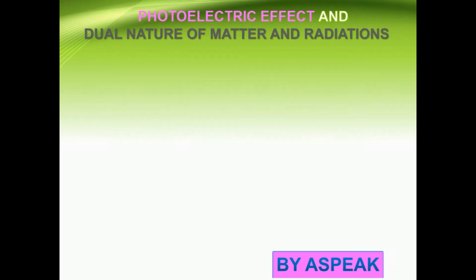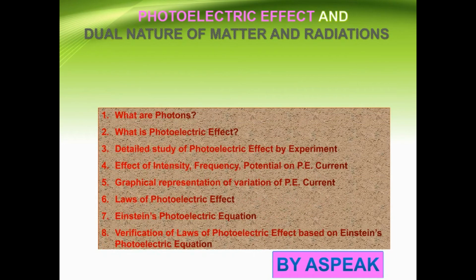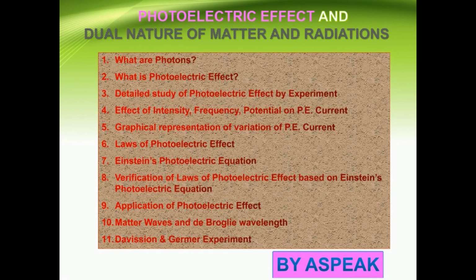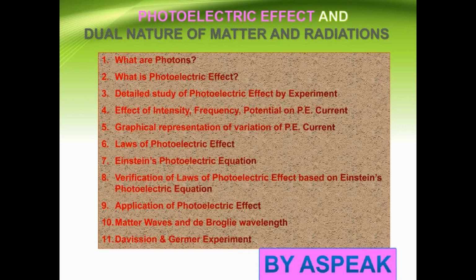The topics in this chapter are: what are photons, what is photoelectric effect, detailed study of photoelectric effect by experiment, effect of frequency, intensity, potential on photoelectric current, graphical representation of variation of photoelectric current, laws of photoelectric effect, Einstein's photoelectric equation, verification of laws of photoelectric effect based on Einstein's photoelectric equation, applications of photoelectric effect, matter waves, and de Broglie wavelength, the most important part in this entire topic, Davisson and Germer experiments.